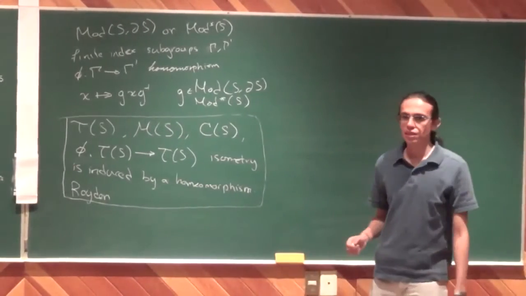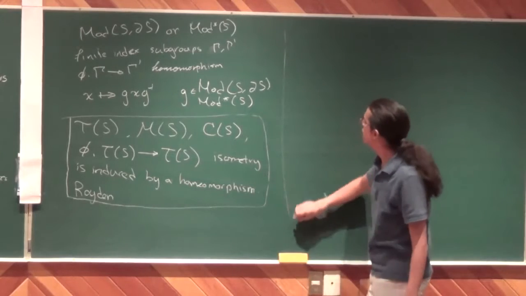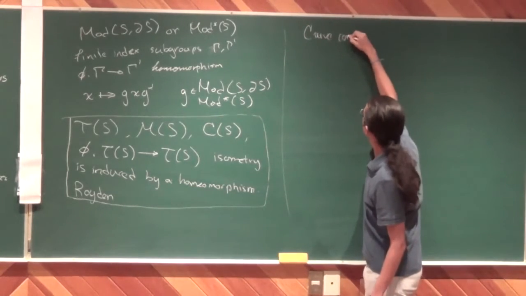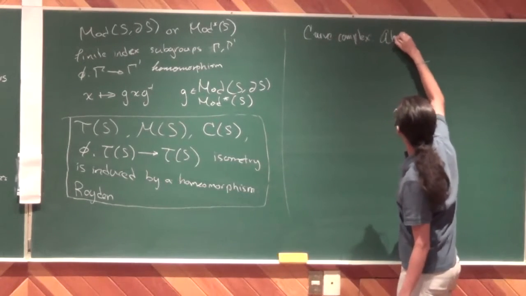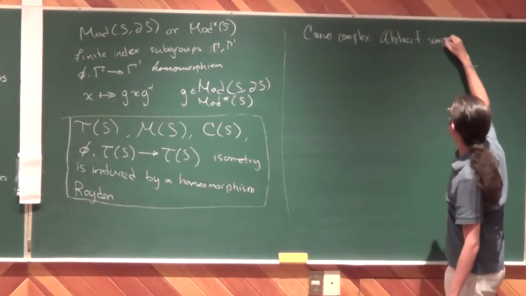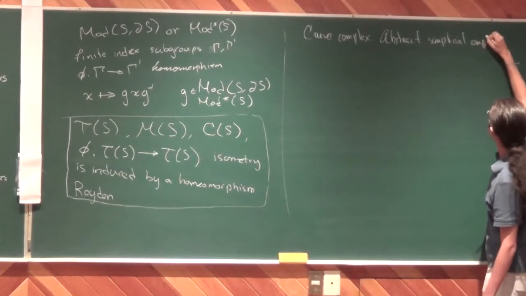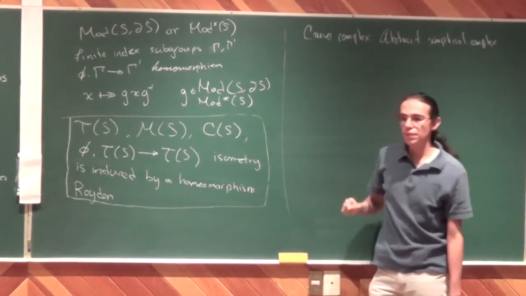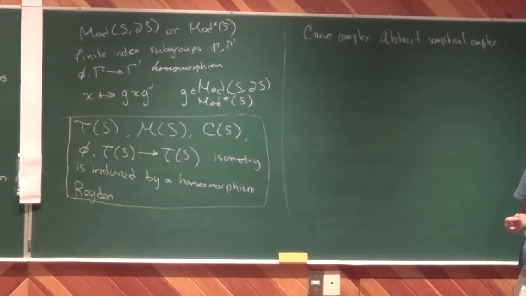A curve complex is an abstract simplicial complex whose vertices are isotopy classes of essential curves, right?